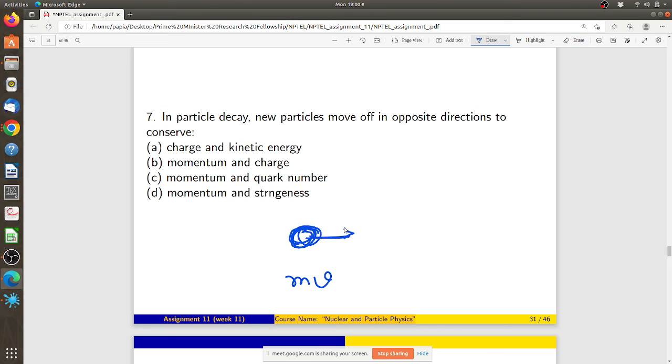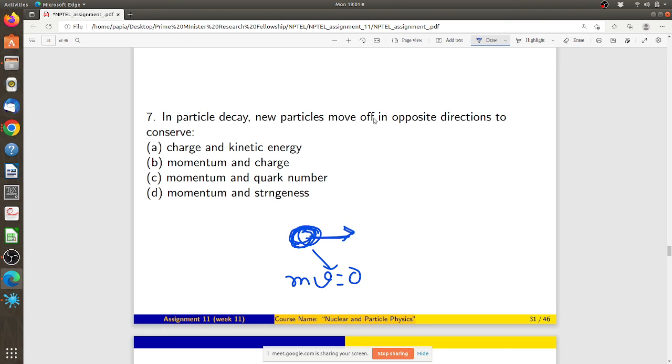So after creating the particles, obviously as a whole the momentum should be 0, because otherwise momentum conservation will be violated.